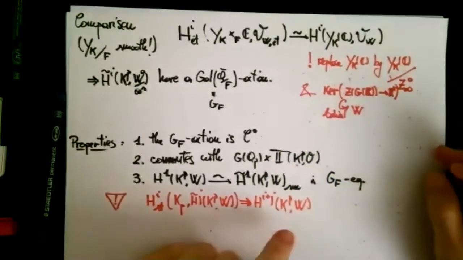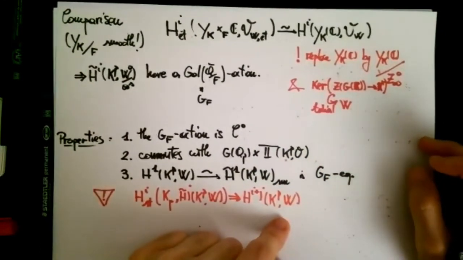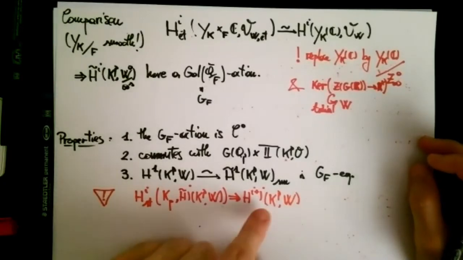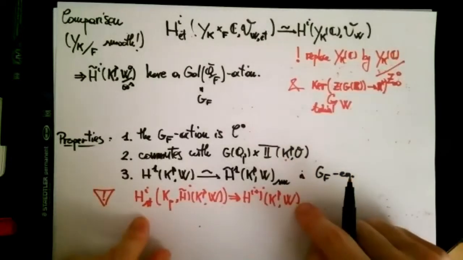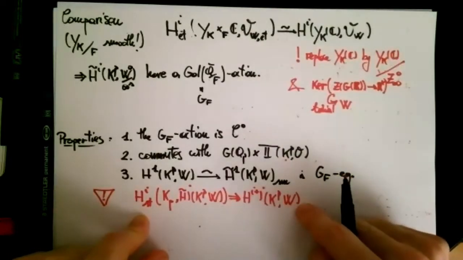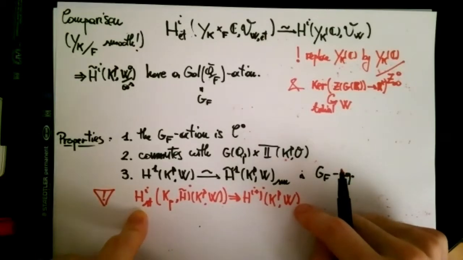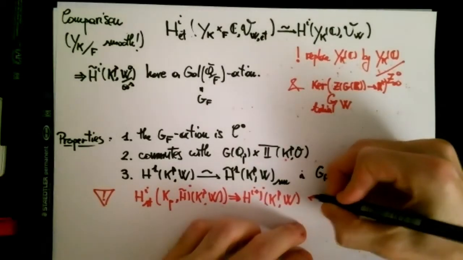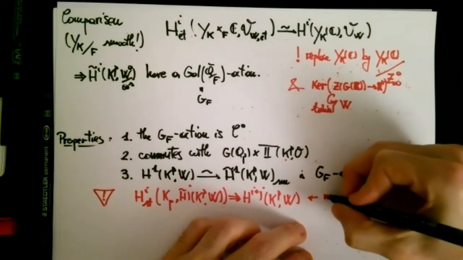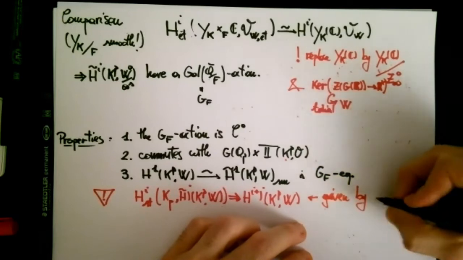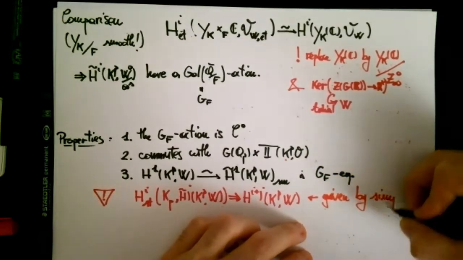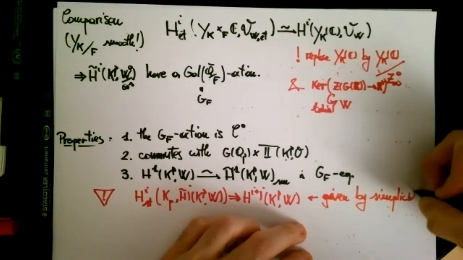This spectral sequence was obtained by simplicial cohomology, and so we don't have a priori comparison. So the key point is that we had to give an alternative proof of this fact using algebraic methods.